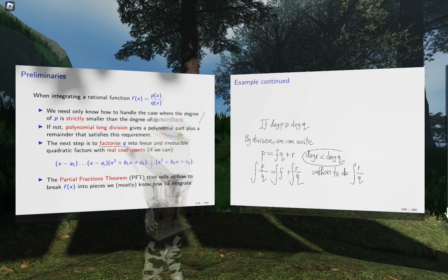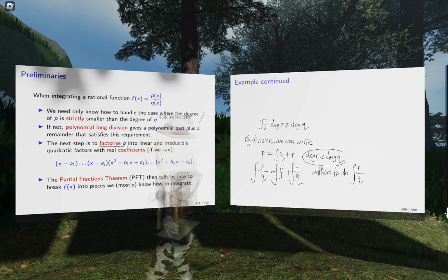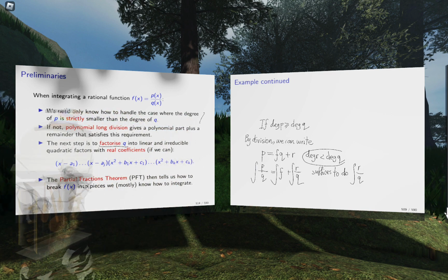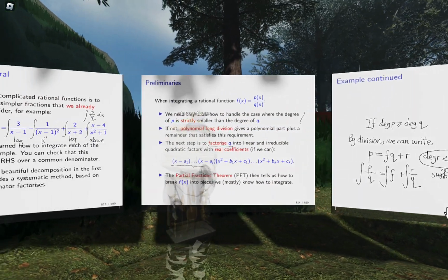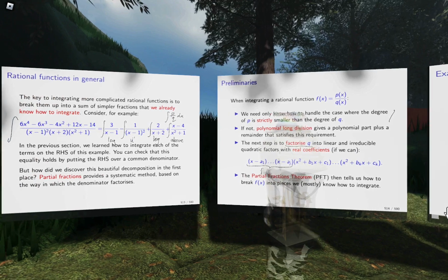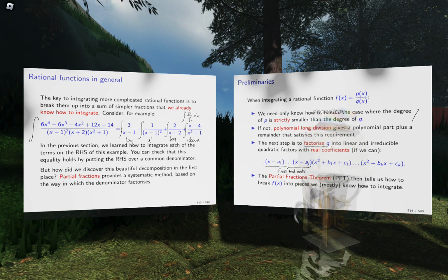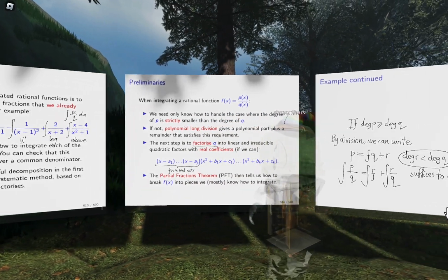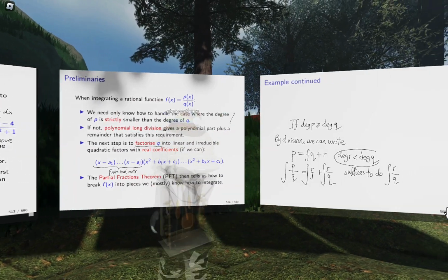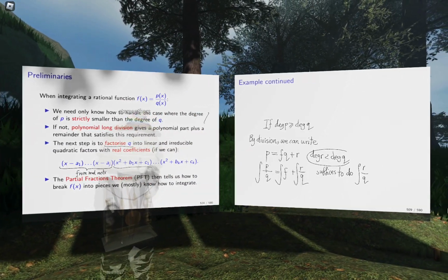When you factorize q over the complex numbers, what you see are some real factors, from real roots, the real roots being the a's. And then the remaining roots over the complex numbers, if you recall, came in complex conjugate pairs.